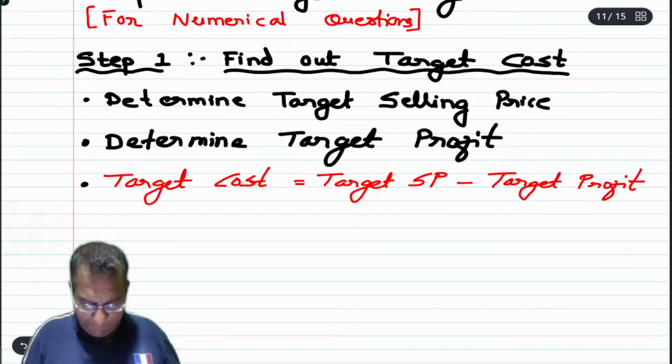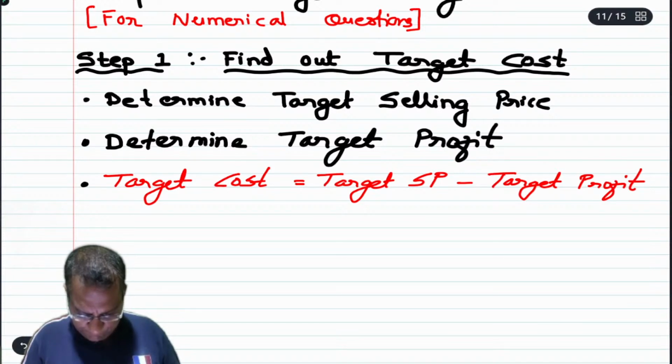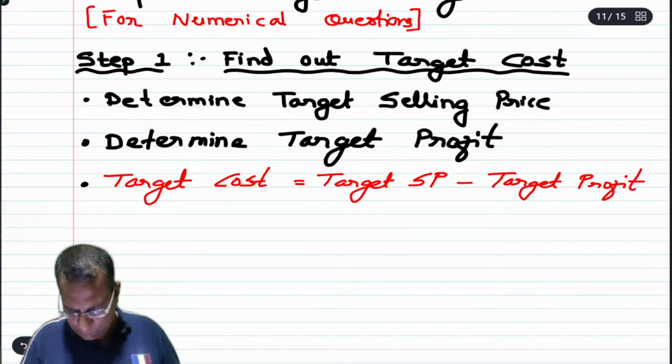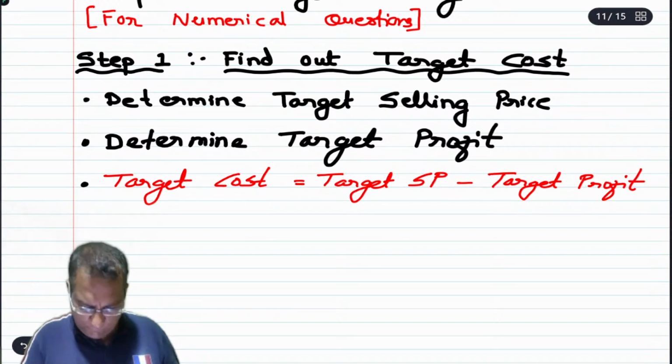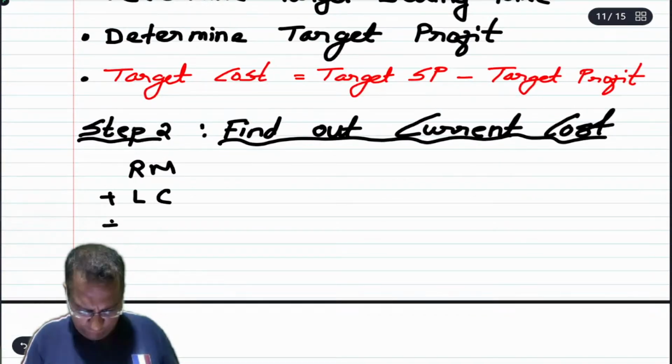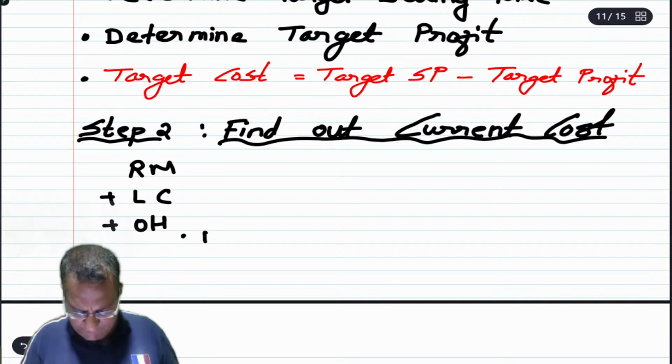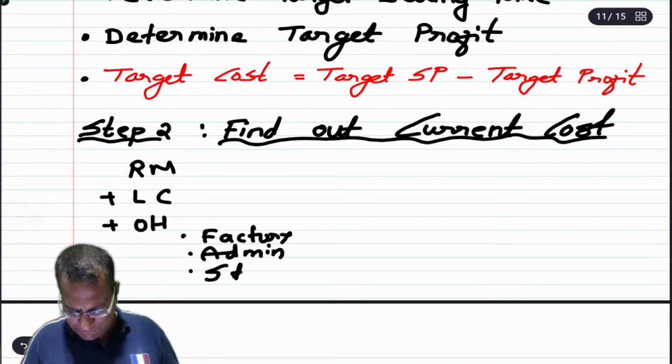Okay. Now step number 2. Find out current cost. Raw material plus labor cost plus all types of overhead, whether it's related to factory, admin, or selling and distribution.